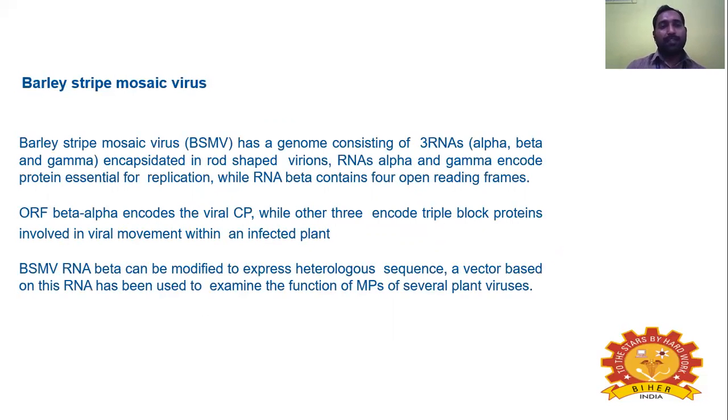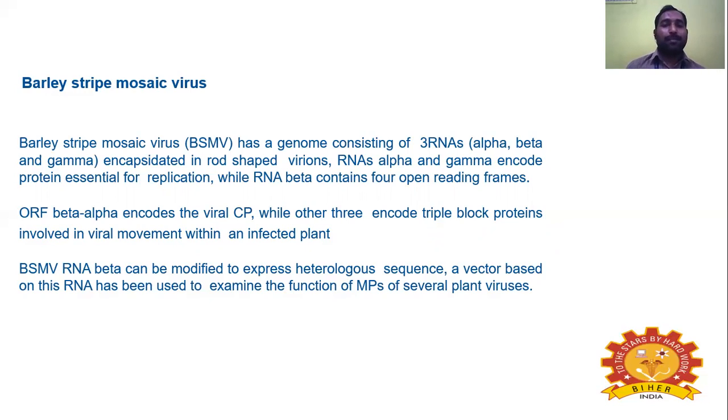And this is another virus, barley stripe mosaic virus. The barley stripe mosaic virus has a genome consisting of 3 RNAs, alpha, beta, and gamma, which are encapsulated in rod-shaped virions. RNAs alpha and gamma encode proteins essential for replication, and beta contains 4 open reading frames. One ORF encodes the viral capsid protein.